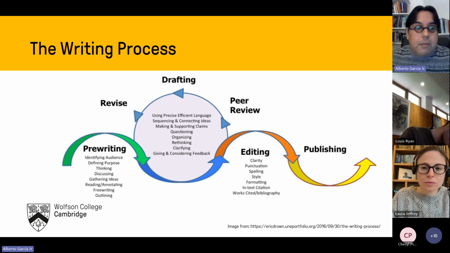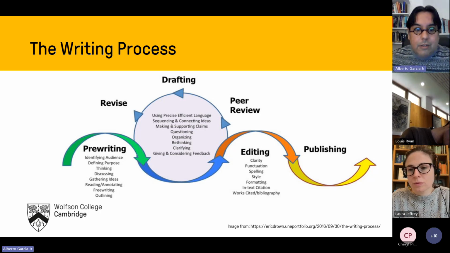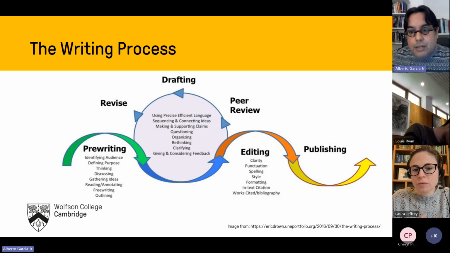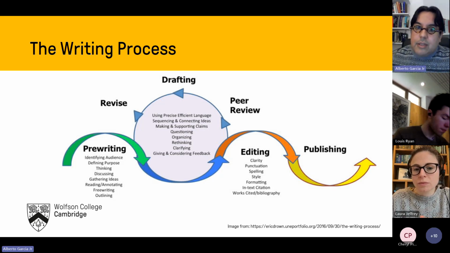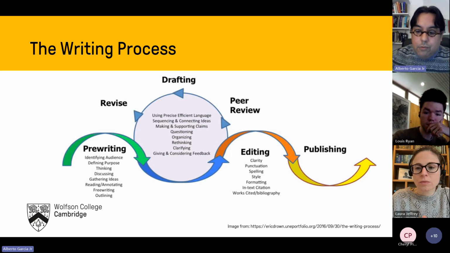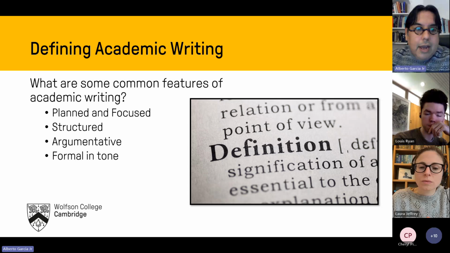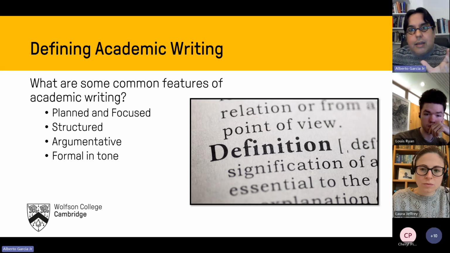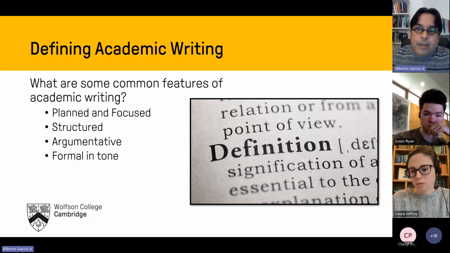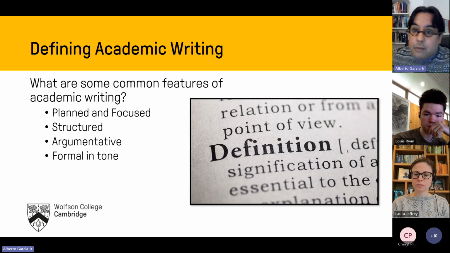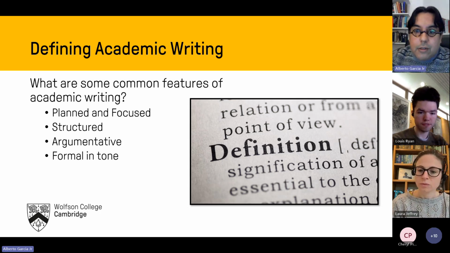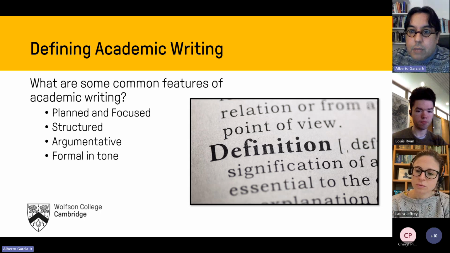So today we're looking a little bit more at areas of drafting and thinking about reader expectations and things that can help you as you work with your reading. So it's helpful to start by defining what academic writing is. It's difficult to have an all-encompassing definition, but some common features of academic writing are that it's planned and focused. It answers the questions and demonstrates an understanding of your subject.